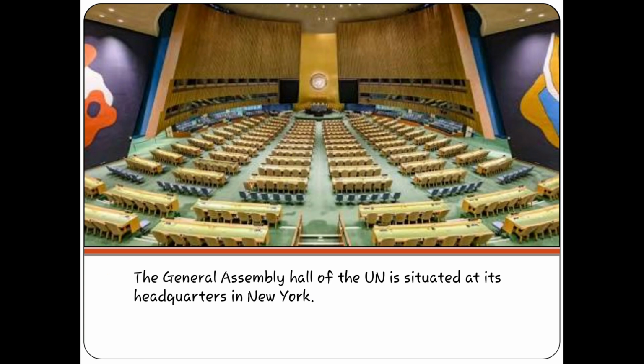Here in this picture you can see the General Assembly Hall of United Nations, which is situated in New York. From India, we have different members, especially our present permanent representative to the United Nations General Assembly is Mr. T.S. Trimurthy from Chennai, who was appointed in April 2020.